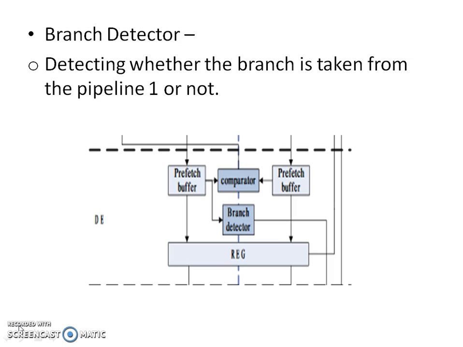And detecting whether the branch is taken from pipeline 1 or not is done by the branch detector. This decision in turn determines whether to execute or to cancel the instruction in pipeline 2. These are the comparator and branch detector blocks in the instruction fetch component.